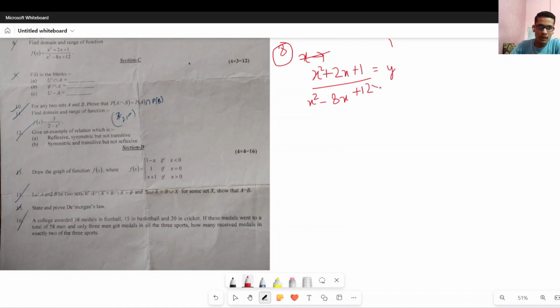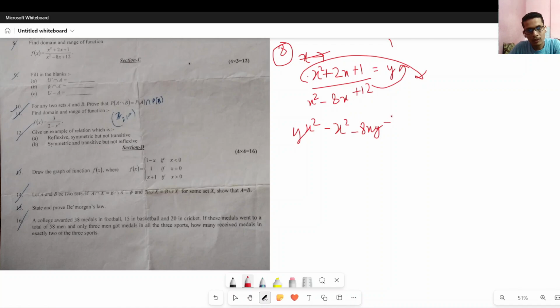Now cross multiply this whole expression with y here, and then bring all these things here, and then take everything common which could be taken. Let's just write it here. I'm writing it directly: yx square, and if I transpose this whole expression here, it will be negative x square, and then minus 8xy.